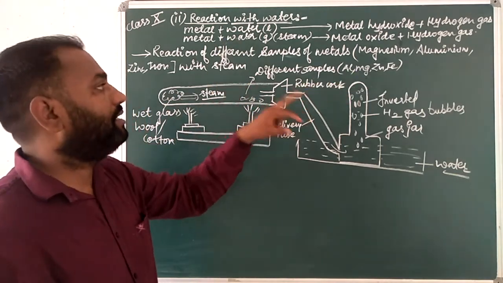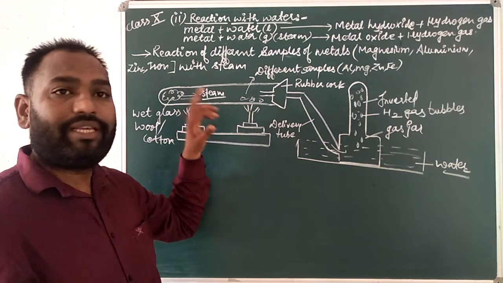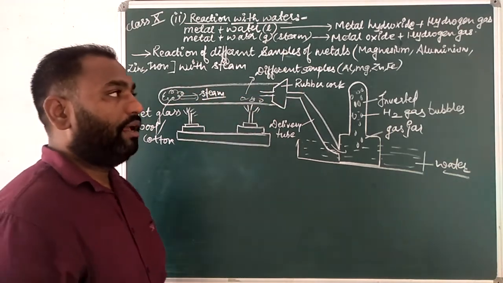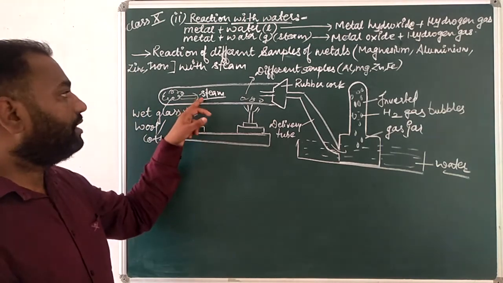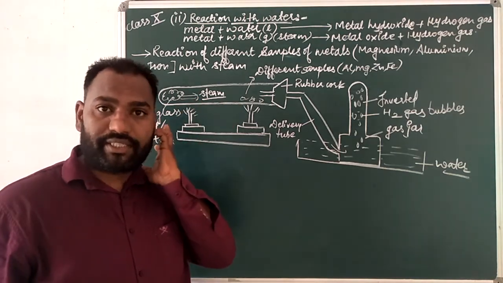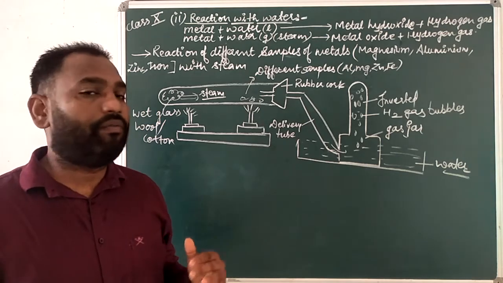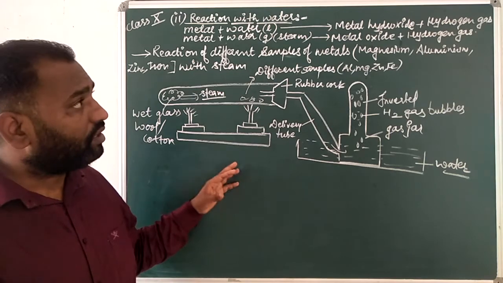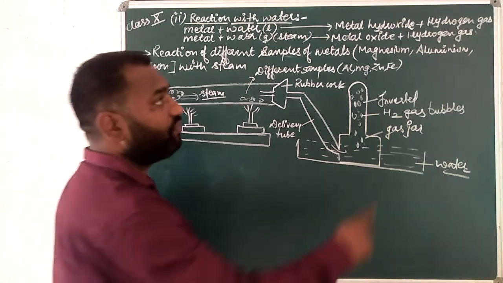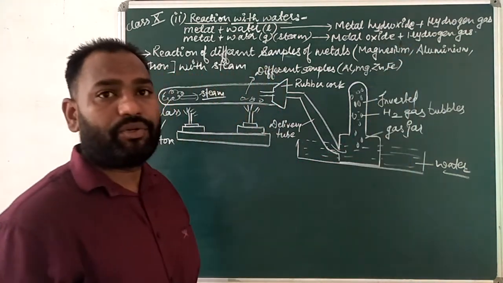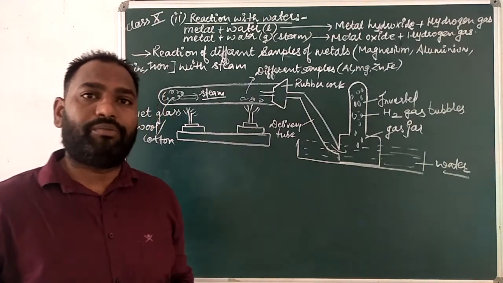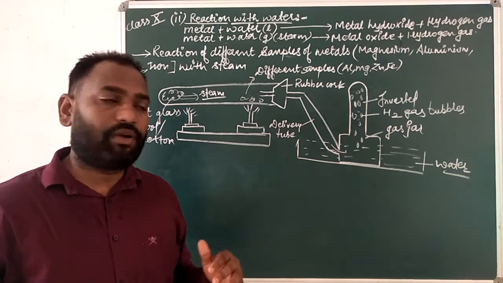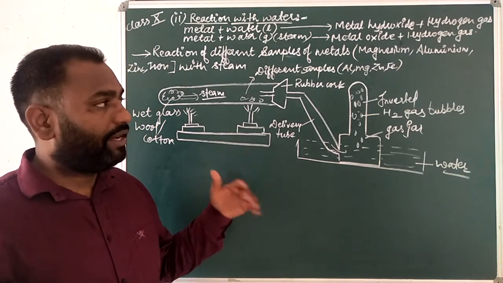Next we place Zn, zinc, then iron. When the steam reacts with the different metal samples, there may be formation of hydroxide or oxide, but ultimately the same thing is formed, hydrogen gas. If the reaction occurs quickly and readily, then H2 gas also forms very quickly.